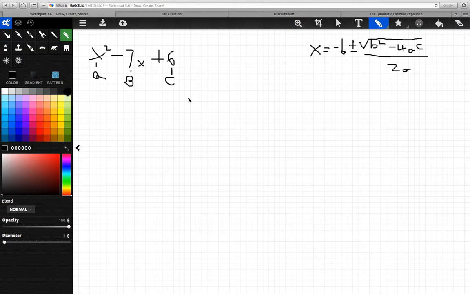Alright, so the first thing I'm going to do is pull the discriminant out of the quadratic, so your b squared minus 4ac. Okay, that's your discriminant. And I'm just going to plug numbers in here. So for b I'm going to put 7, so 7 squared minus 4.